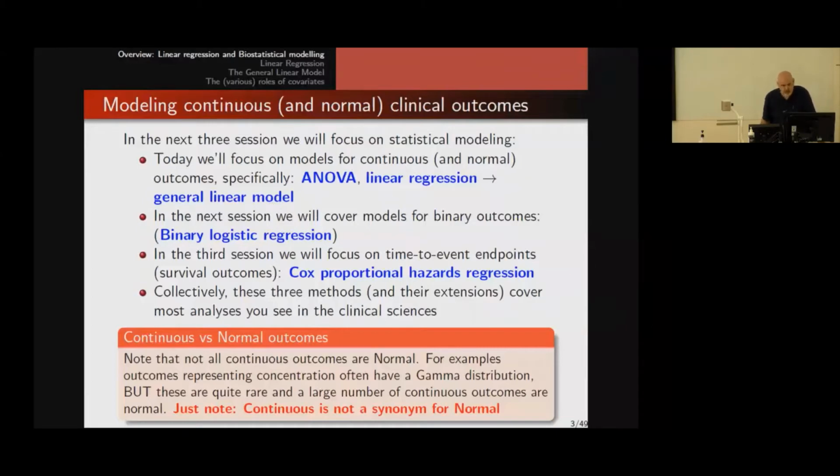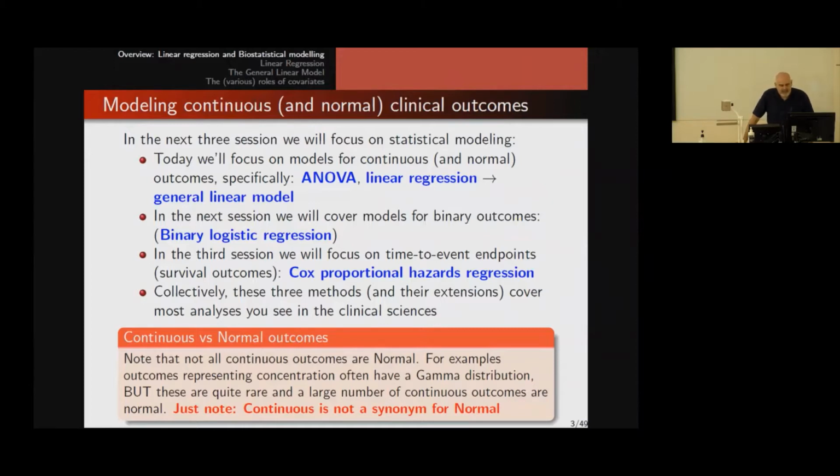Next session, I will cover models for binary clinical outcomes, specifically binary logistic regression. Then the session after that, I'm going to talk about time to event endpoints. So survival outcomes or length of hospital stay, those sorts of things. And we're going to cover Cox proportional hazards regression and its relatives, and other closely related methods.